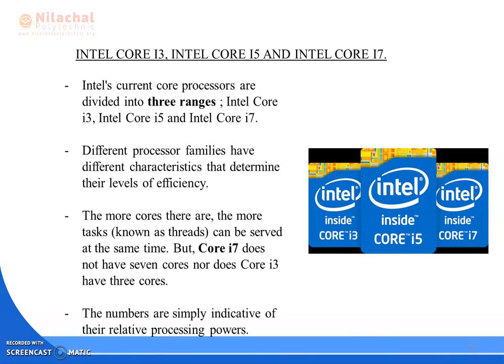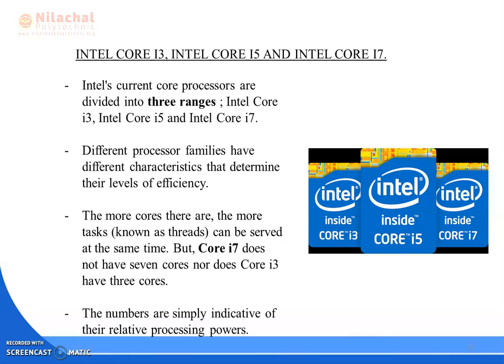Different processor families, or different generations of processors, have different characteristics that basically give us knowledge about the different efficiency levels or performance levels of the processors.